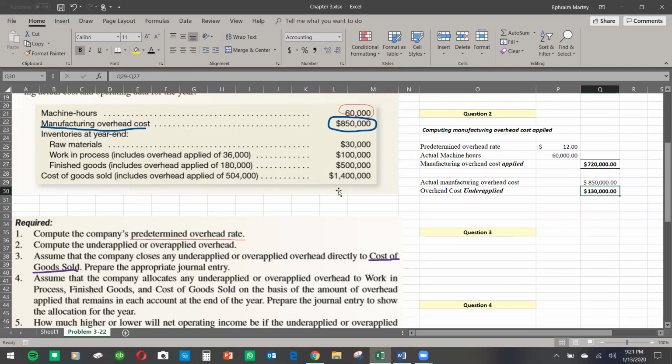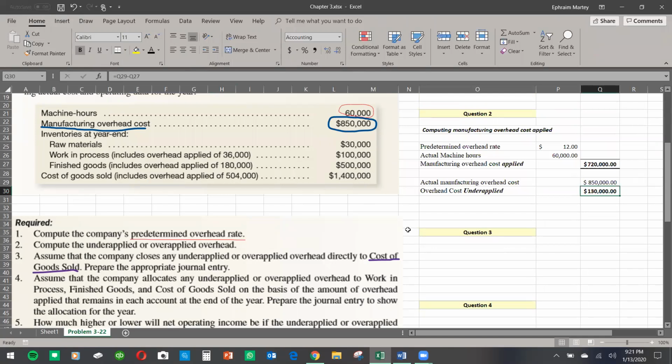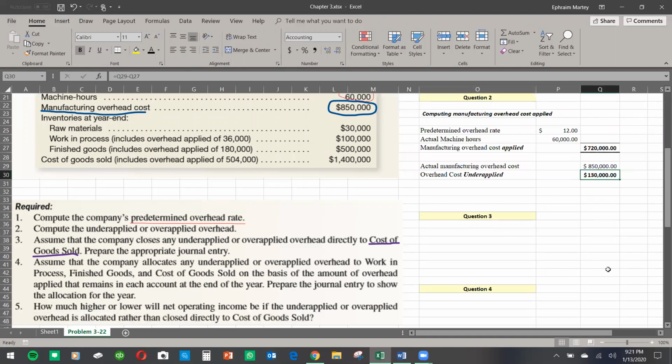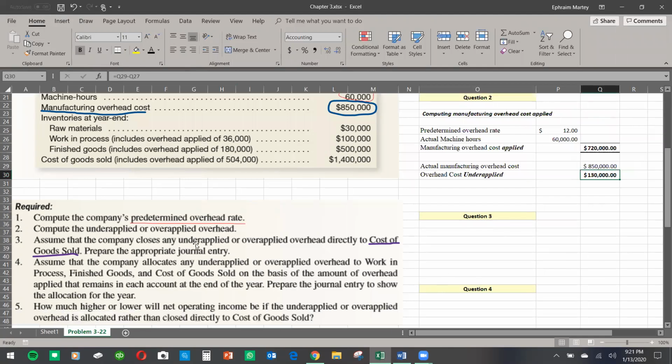But because it was underapplied, the company is closing it, so cost of goods sold will have to increase by 130,000. Manufacturing overhead increases on the right, cost of goods sold increases on the left, the debit. Manufacturing overhead cost increases in credit.